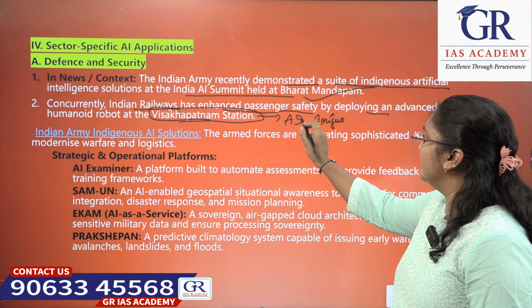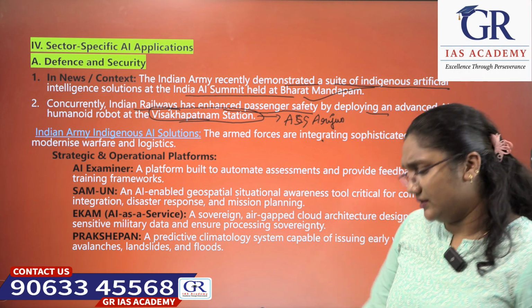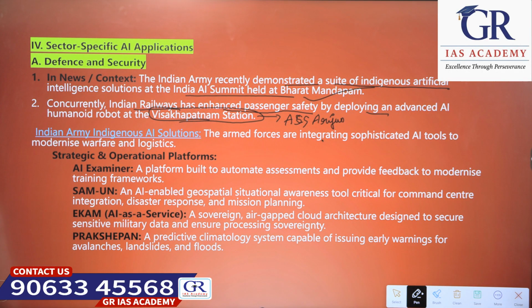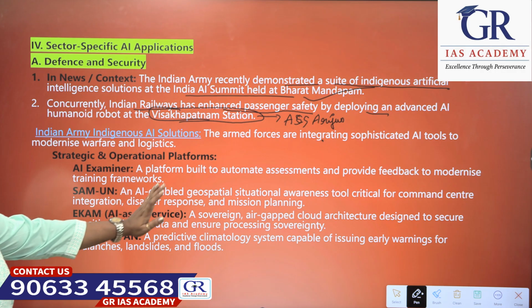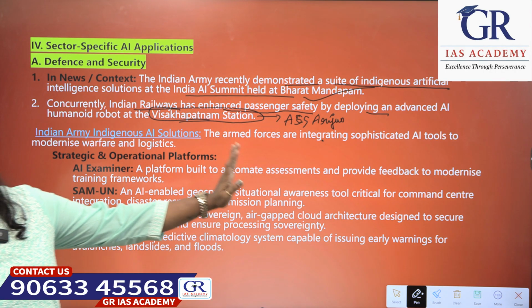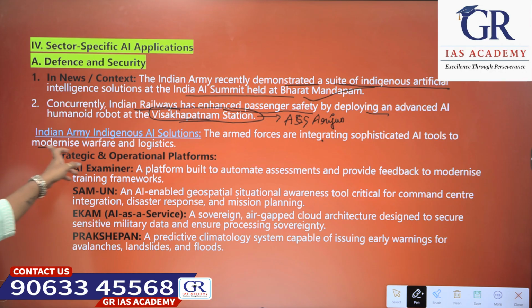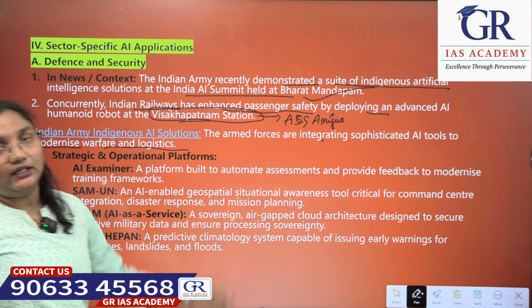ASC Arjun or something, but the name of the robot is Arjun. Next, Indian Army indigenous AI solutions. The armed forces are integrating sophisticated AI tools to modernize warfare and logistics.